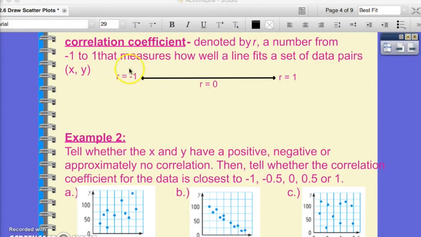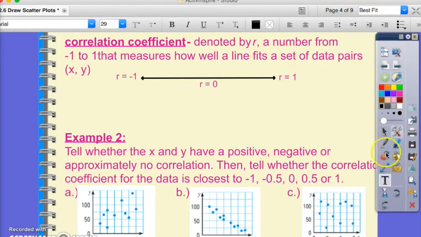So we start with -1. That would be a negative correlation. You guys could add this as well.